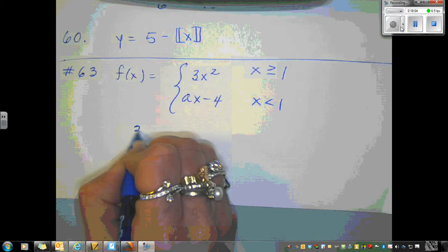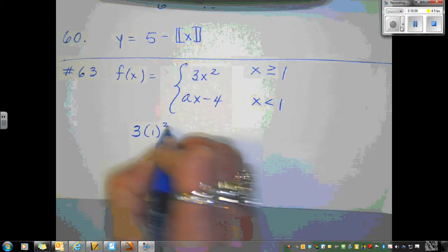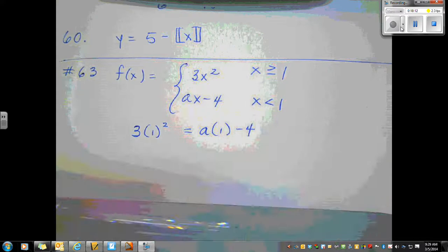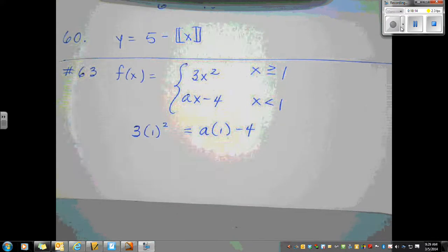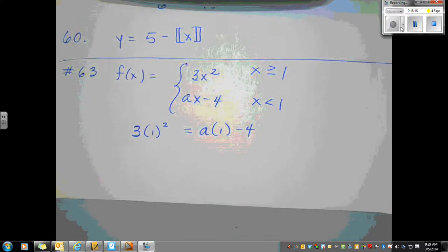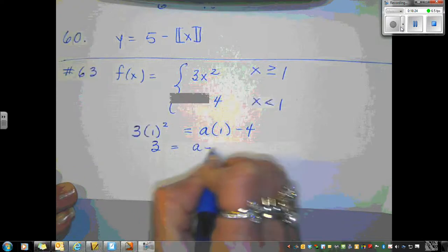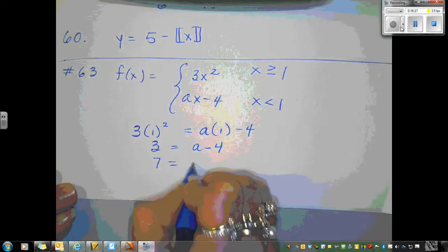So I could say 3 times 1 squared has to be equal to a times 1 minus 4. They have to be equal to one another, because one of them has to fill in the hole that the other one's creating. Okay, so I have 3 equals a minus 4, or 7 equals a.